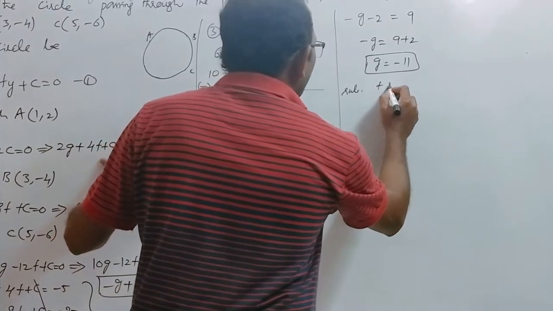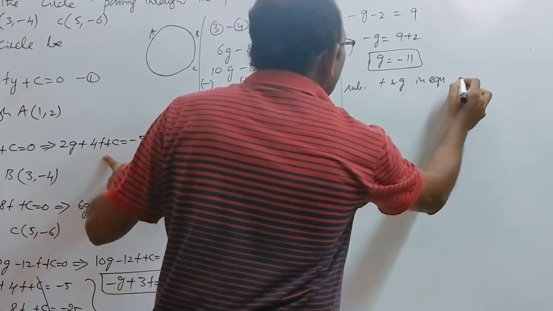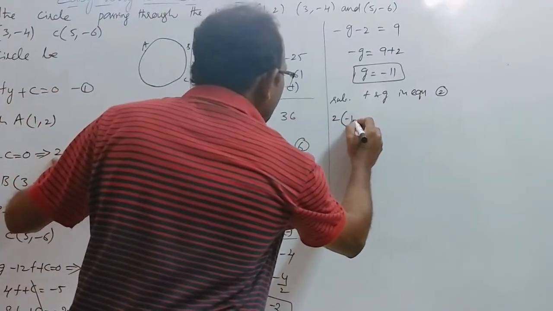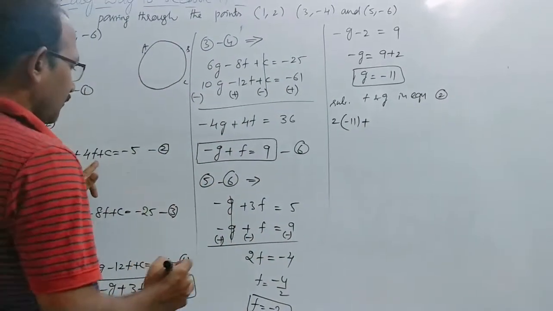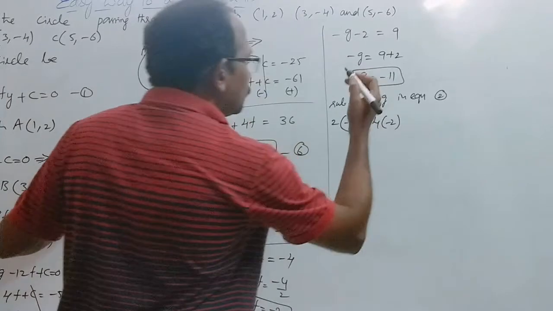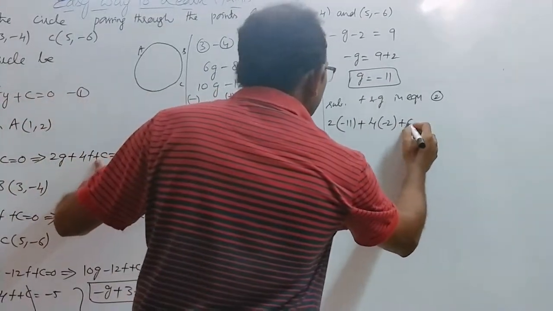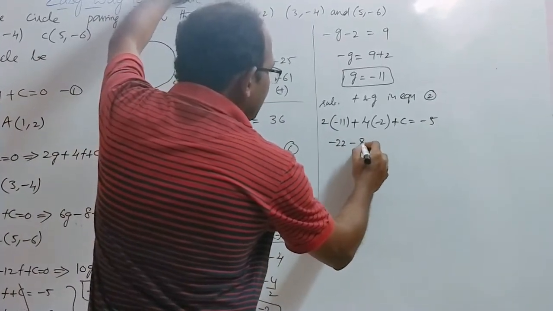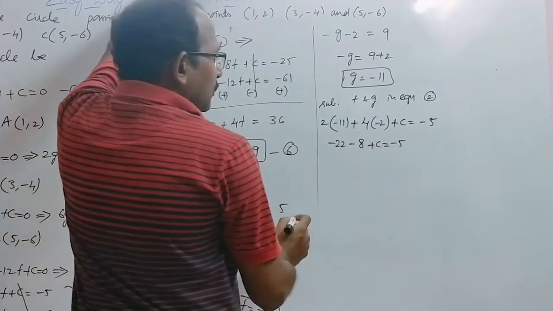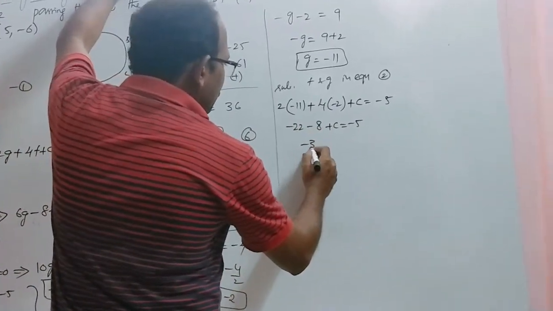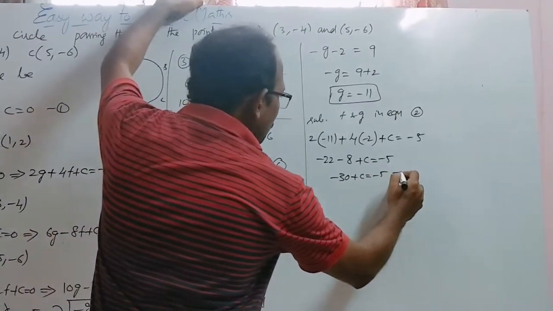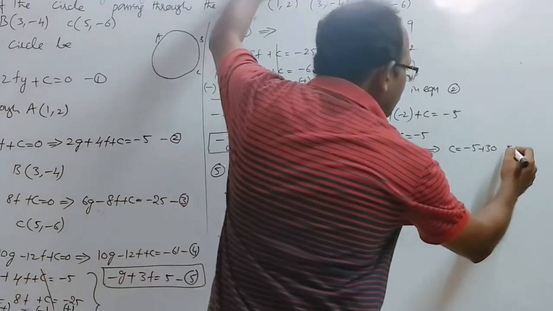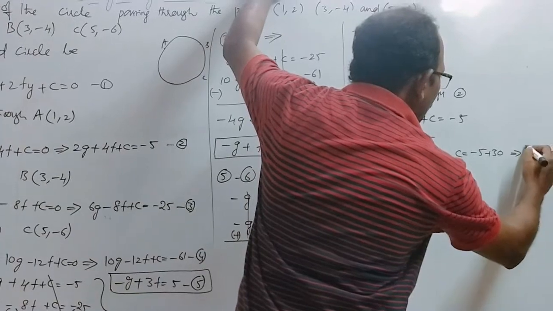So 2 into g, g is minus 11, plus 4 into f, 4 into minus 2, plus c is equal to minus 5. Then minus 22 minus 8 plus c is equal to minus 5, minus 30 plus c is equal to minus 5, implies c is equal to minus 5 plus 30, implies c is equal to 25.